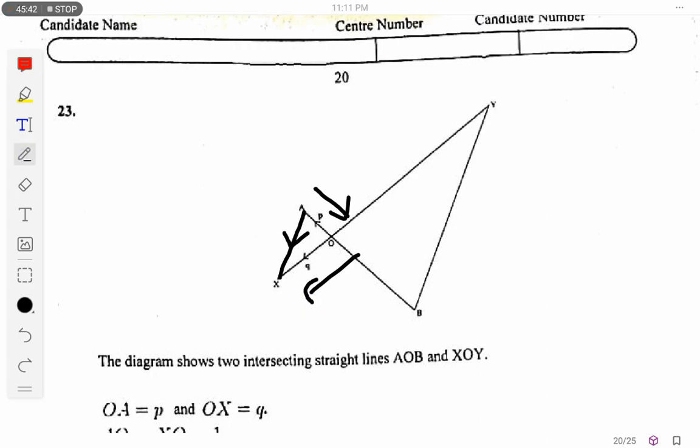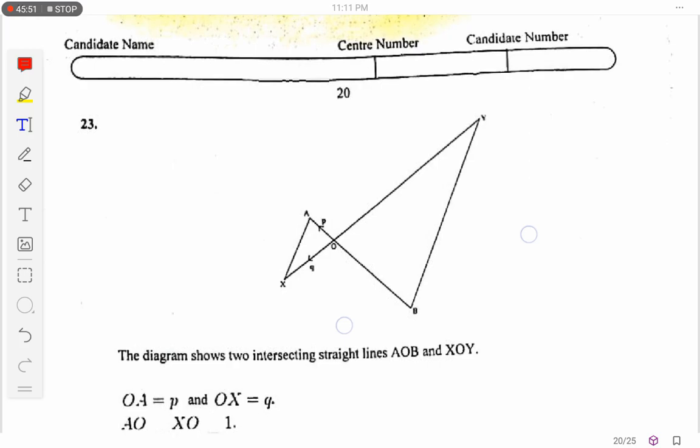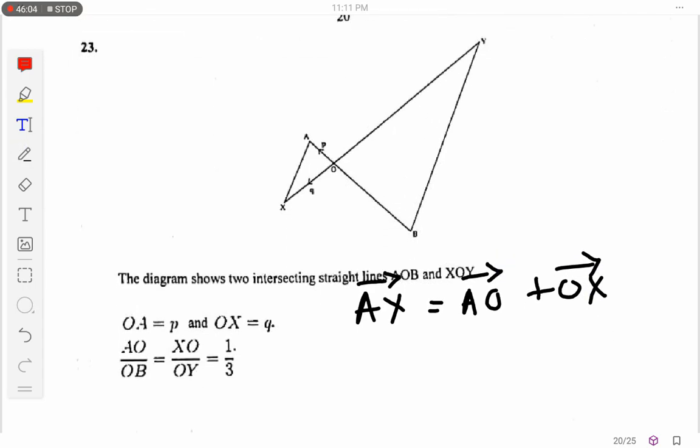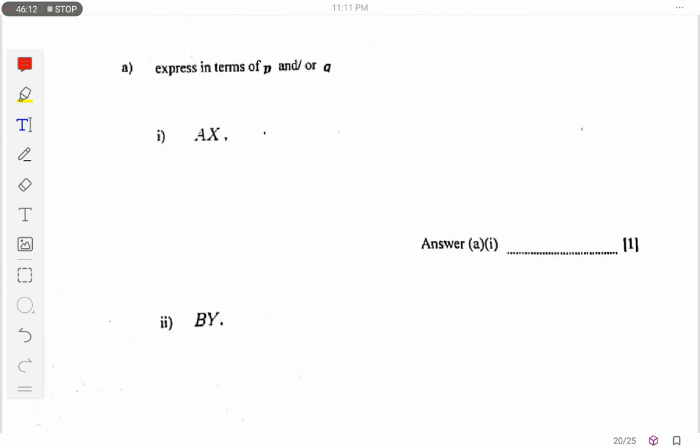So AX is going to be equal to opposite of AO, plus OX, like that. So when we have this, this is going to be equal to minus P plus Q. That's the answer there.